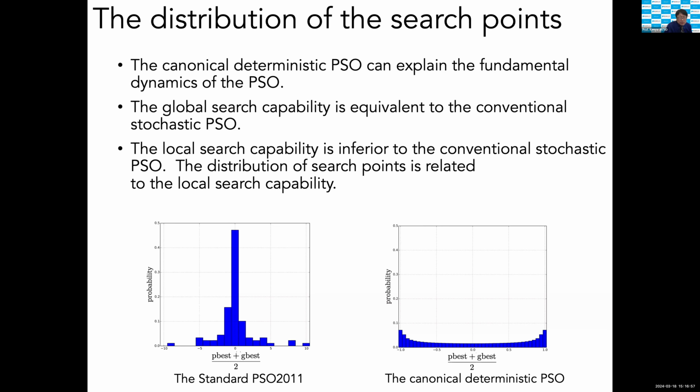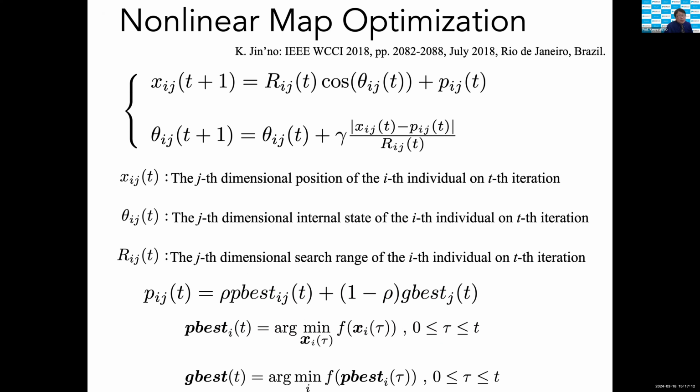To improve this distribution, we propose a new system based on the canonical deterministic PSO called nonlinear mapping optimization. Its dynamics are described by these equations.